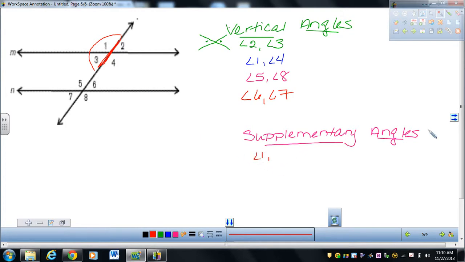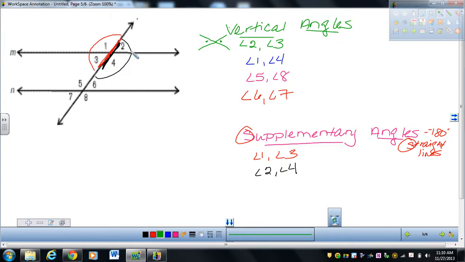Remember, supplementary means that they equal 180 degrees, straight line. You're looking for those straight lines. Straight lines always, S, S, straight lines. So angle 1 and angle 3 form a straight line there. And then you've got angle 2 and angle 4 that are on that same straight line.